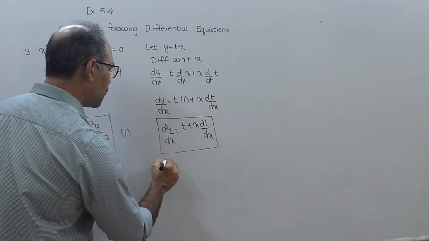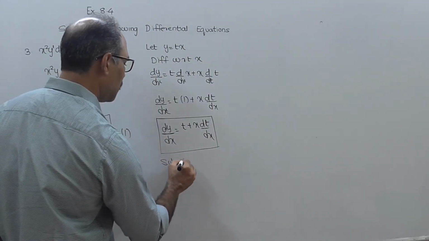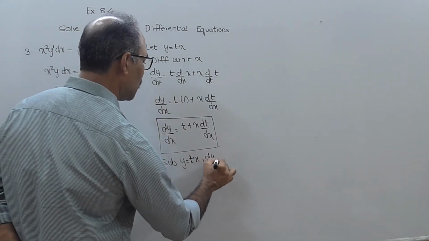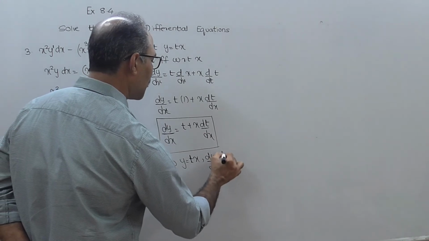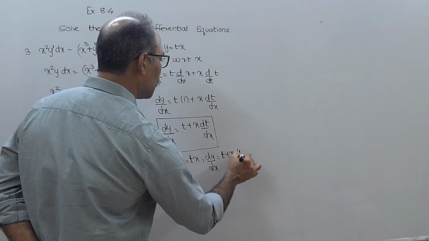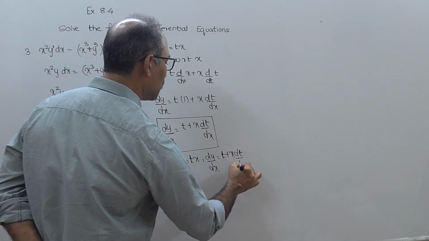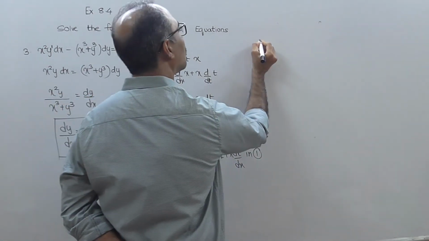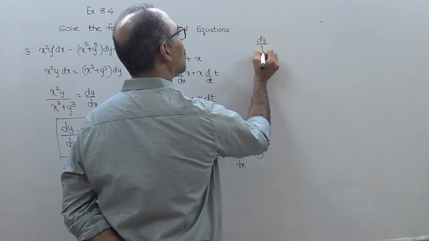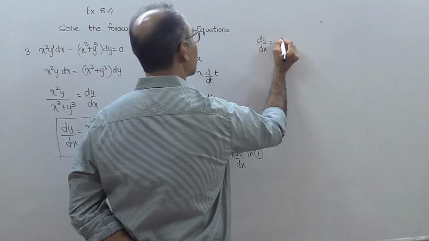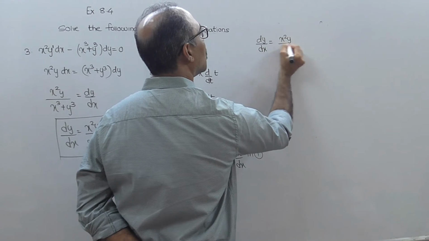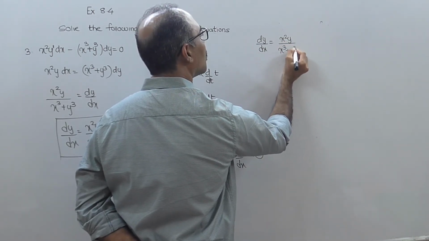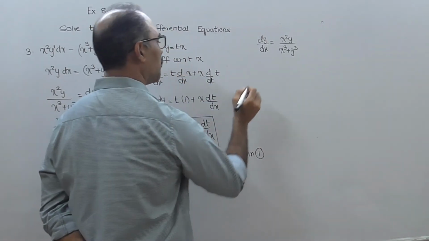So what I will do is I will substitute y equal to tx and dy by dx equal to t plus x dt by dx in 1. What is 1? 1 is dy by dx equal to x square y upon x cube plus y cube.